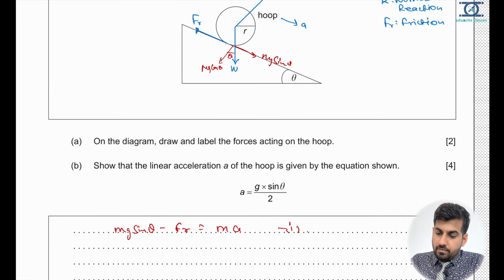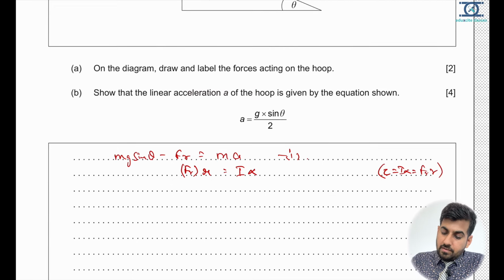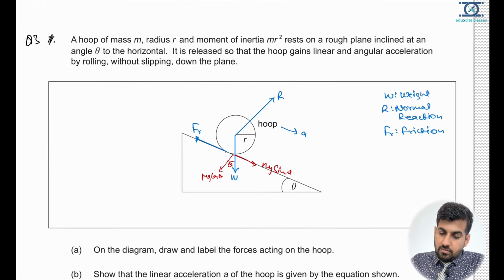And here, if you remember, what is the force responsible for the rolling? The friction is responsible for the rolling, providing the torque. So friction times the distance r is equal to I alpha. So torque is equal to I alpha, which equals friction times r. Now I is given to us as mr square.